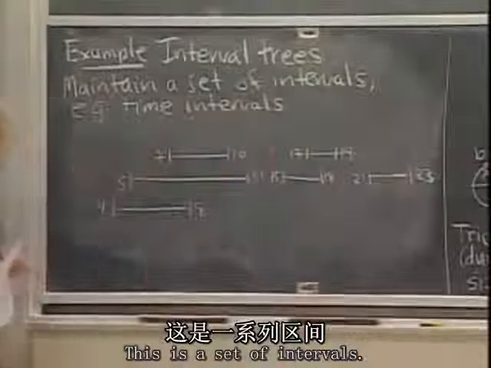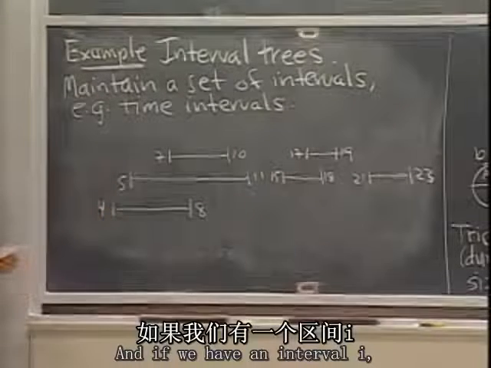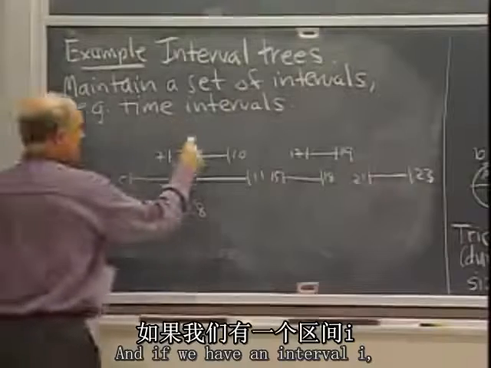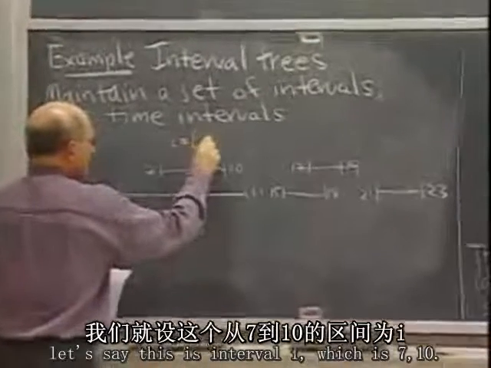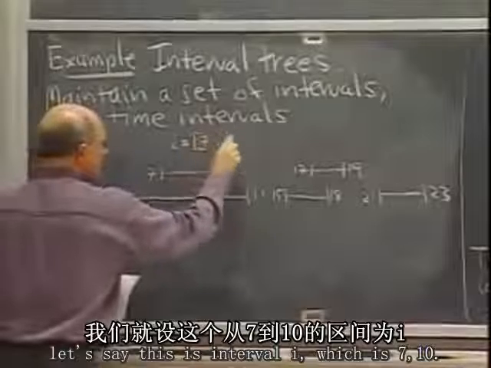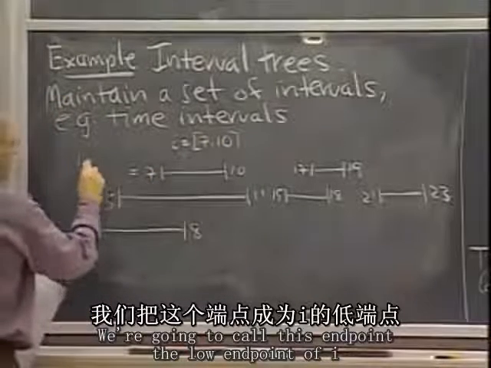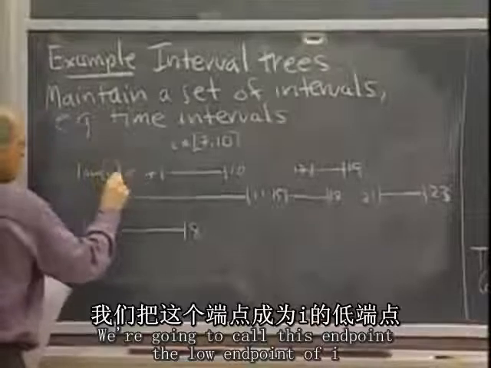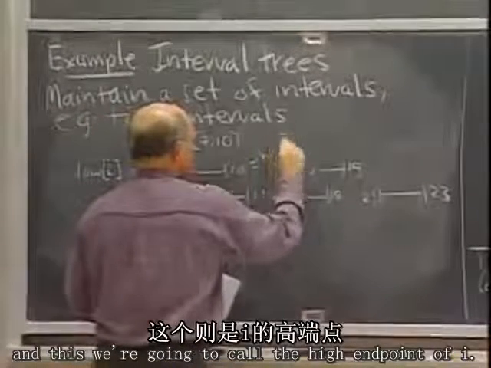Okay, so this is a set of intervals. Okay, and if we have an interval I, let's say this is interval I, which is 7, 10, then we're going to call this endpoint the low endpoint of I, and this we're going to call the high endpoint of I.